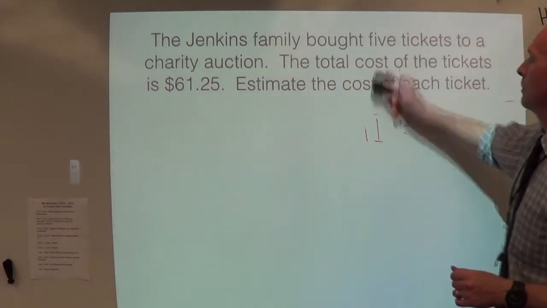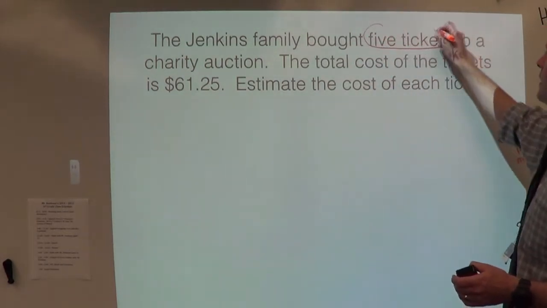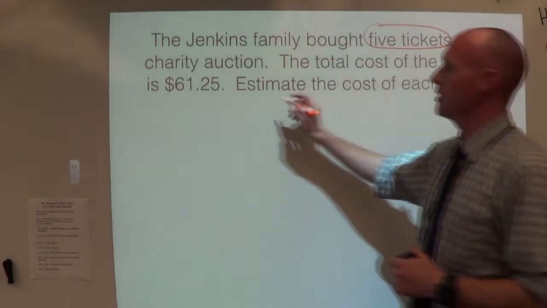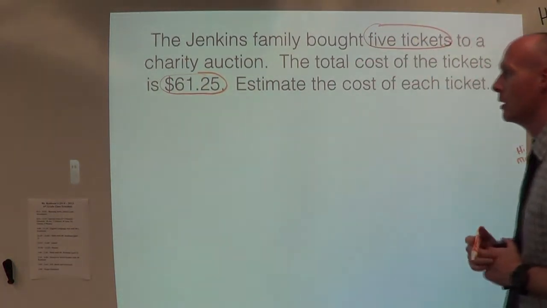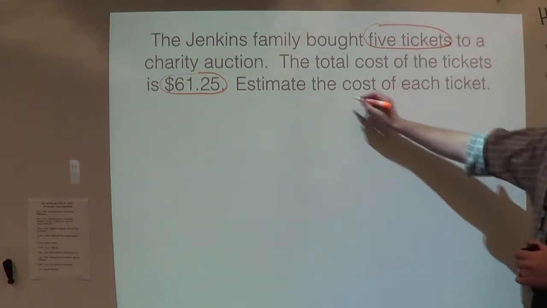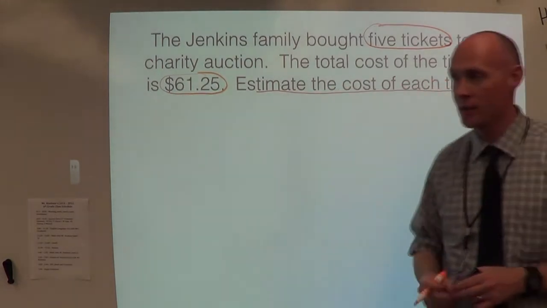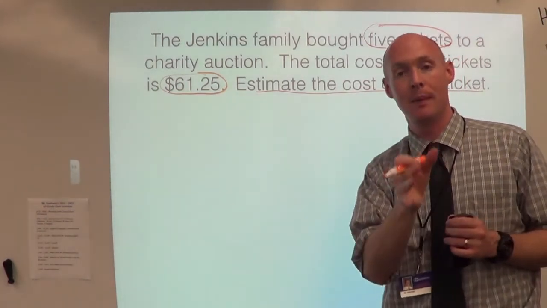The Jenkins family bought 5 tickets to a charity auction. The total cost of the tickets is $61.25. Estimate the cost of each ticket. Okay, so when I see estimate the cost of each ticket, what that tells me is this is probably going to be division.